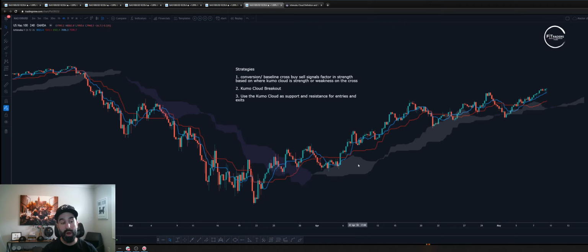If you get a bull cross but you're trading below the Kumo cloud, what happens? You get the bull cross and you get faked out, and then the stock continues on its downtrend. So when you use the crosses, don't lose sight of where the cloud is. If the cloud is below price action, bullish. If the cloud is above price action, bearish.